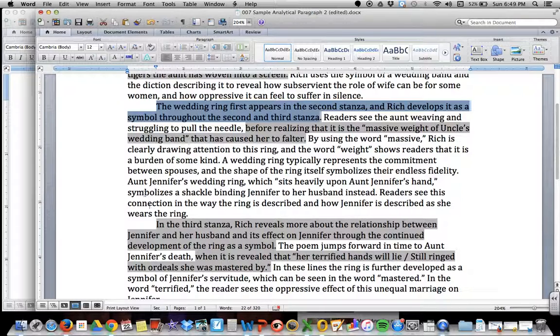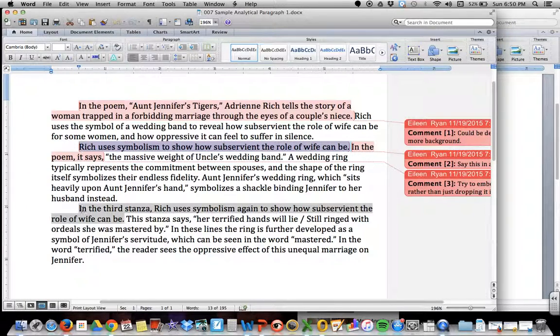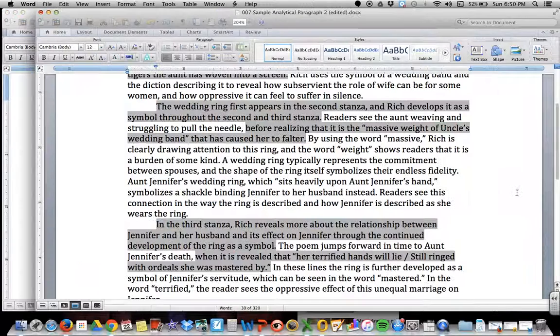And then in the third stanza, Rich reveals more about the relationship between Jennifer and her husband and its effect on Jennifer through the continued development of the ring as a symbol. Again, I'm saying the same thing there that I am here. Rich uses symbolism again. But the way that I phrased it over here is more interesting because it's not repeating the same words that I have in the thesis statement.